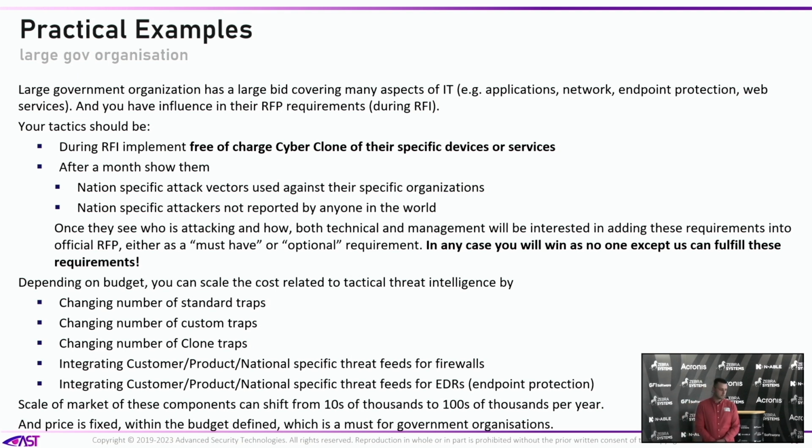Once they see who is attacking and how, they will be interested in adding that in the official request for proposal, either as a must-have or optional. In any case, no one can offer that but us.